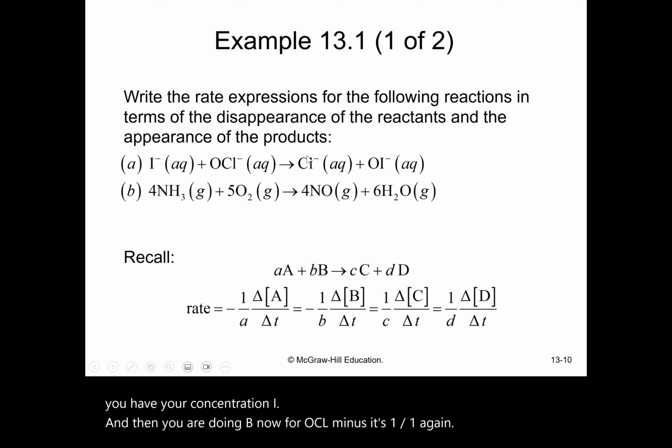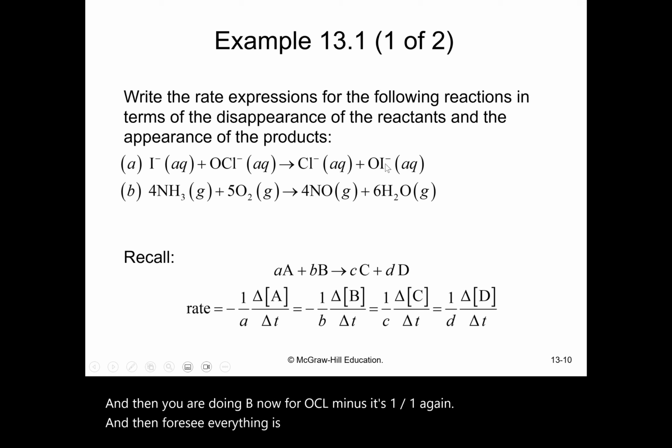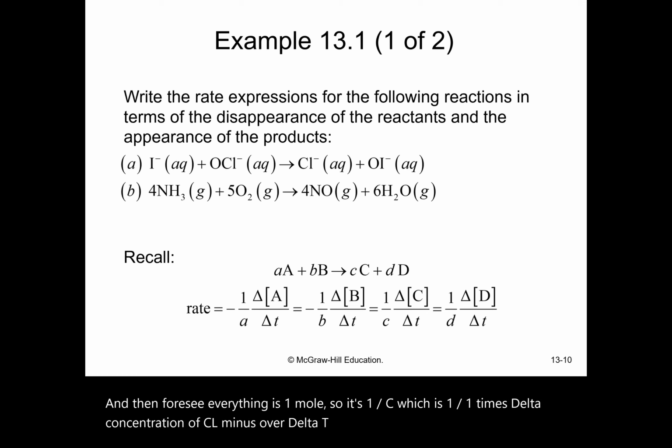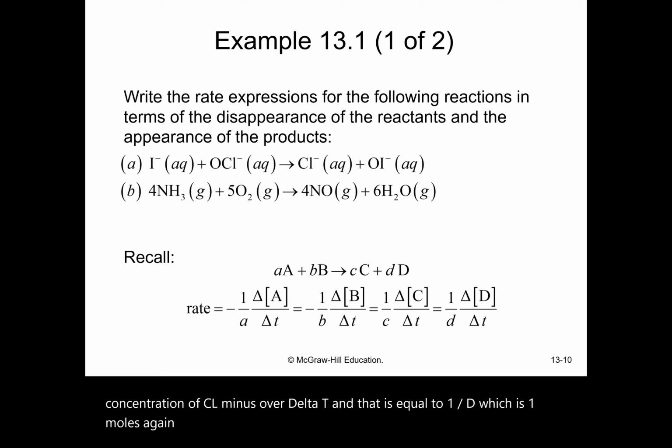And then for C, everything is 1 mole, so it's 1 over 1 times delta concentration of Cl minus over delta T, and that is equal to 1 over 1 for D, which is 1 mole again, delta concentration of OI minus over delta T.